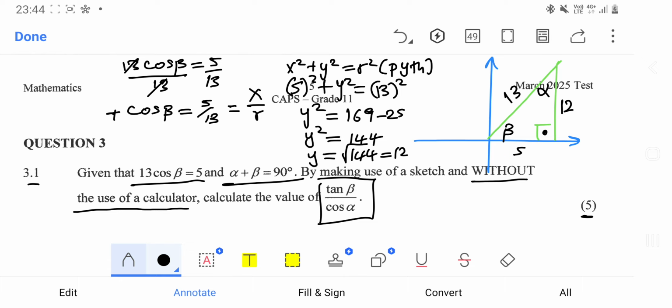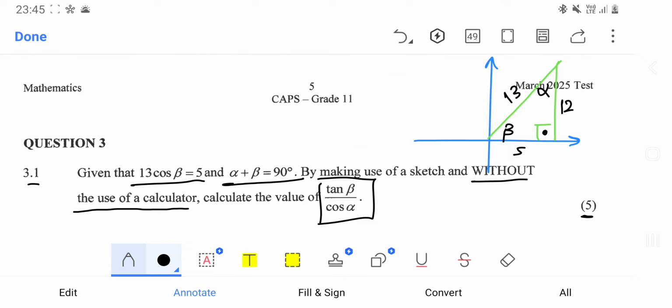Tan of an angle is the opposite side to the angle divided by the adjacent side to the angle. So tan β is the opposite side, 12, divided by the adjacent side to angle β, which is 5. And then what about cos α?